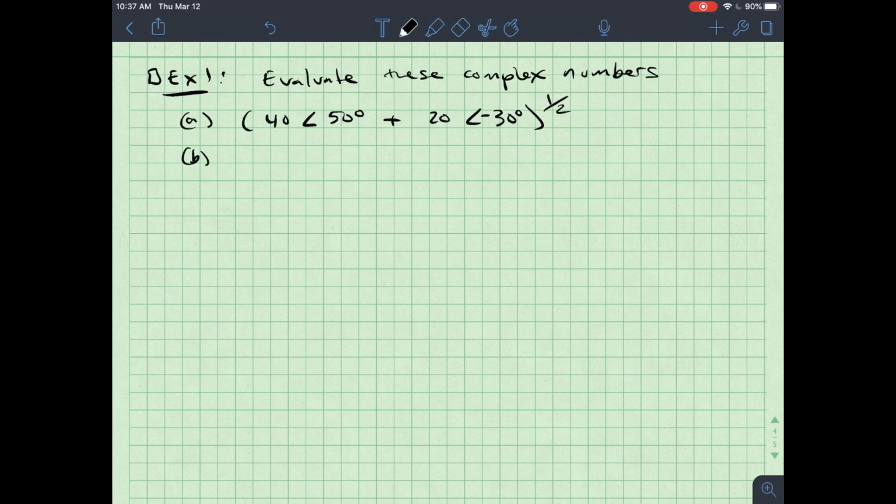And B, I'm going to take 10 angle negative 30 degrees plus 3 minus j4, over 2 plus j4 multiplied by the complex conjugate of 3 minus j5. Essentially, I'm trying to throw as many things at you at one time as I can. Now, before you start working these problems out, make sure that your calculator is in degrees mode, not in radians, or you will have some issues.